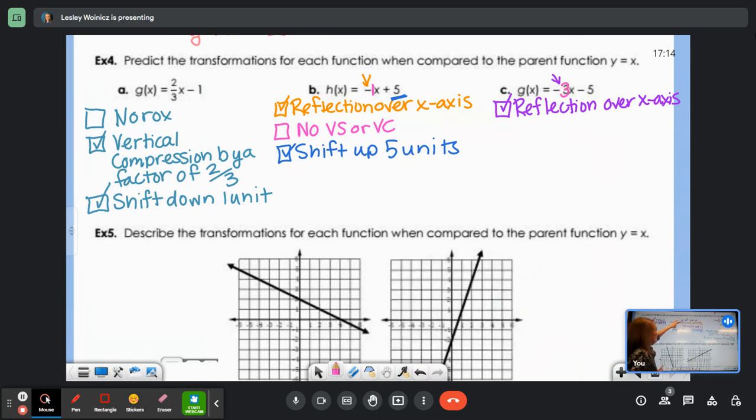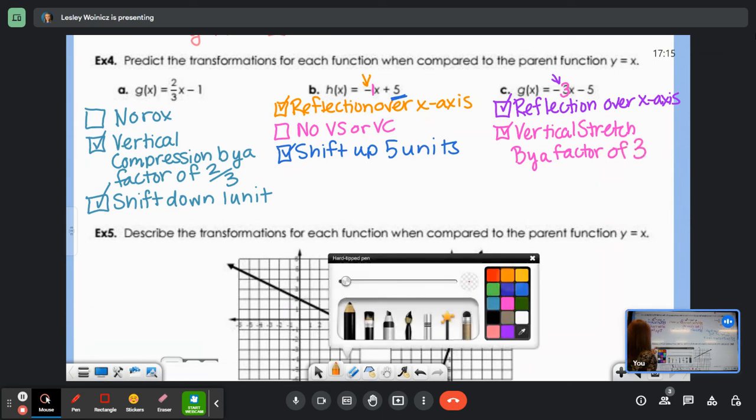So before I just had a negative 1, this time I've got a negative 3. So this time it does have a vertical stretch by a factor of 3.